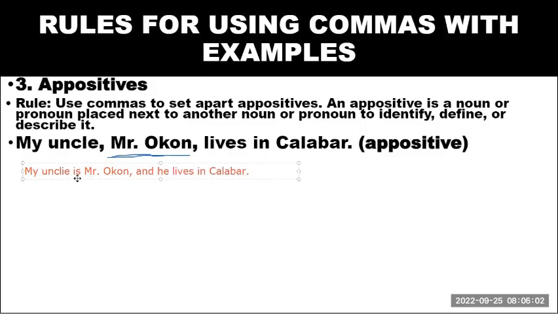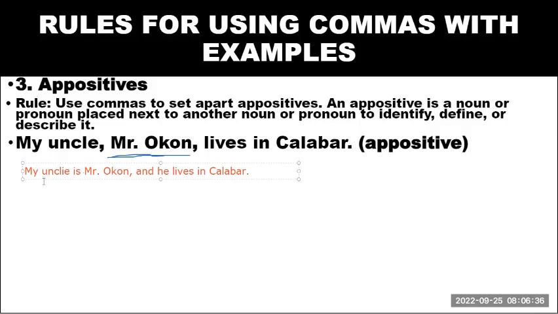But when we use an appositive, we eliminate the linking verb "is" and we simply juxtapose my uncle with Mr. Okon and put these structures together. So, "My uncle, Mr. Okon, lives in Calabar."